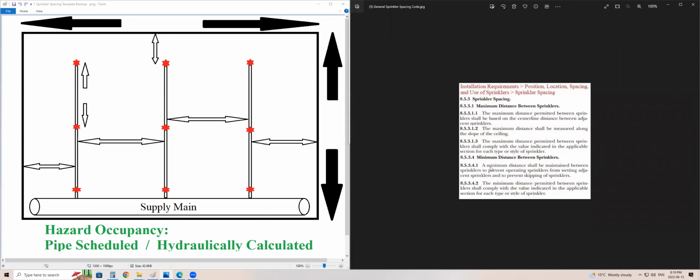Oh, this is another good thing that's worth pointing out. Again, sorry, it's very easy to go off on a tangent on stuff like this. There are so many codes and many things that I feel are worth noting. So the minimum distance shall be maintained between sprinklers to prevent operating sprinklers from wetting adjacent sprinklers and to prevent skipping of sprinklers.